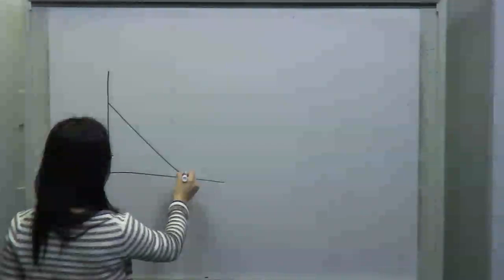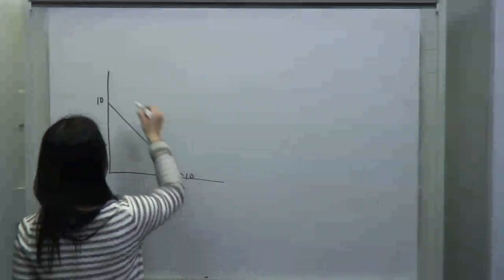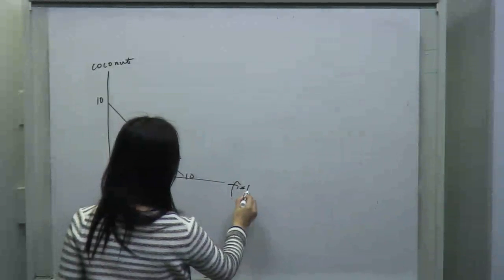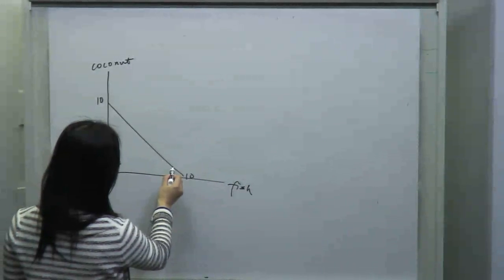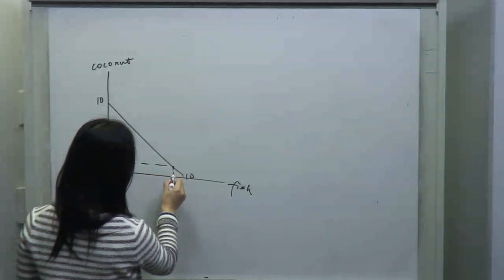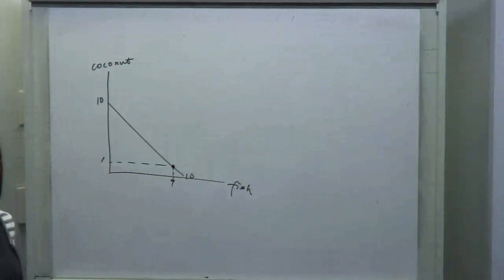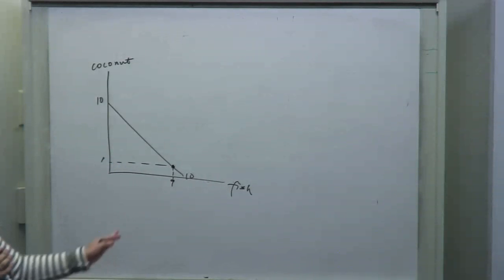So this is Colin's PPF. This is coconut, this is fish. You have 9 fish and 1 coconut, so you are right at this point. That's what you have right now.